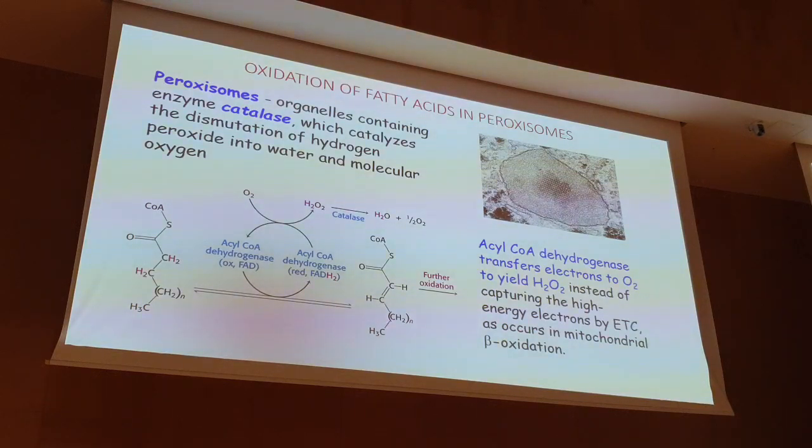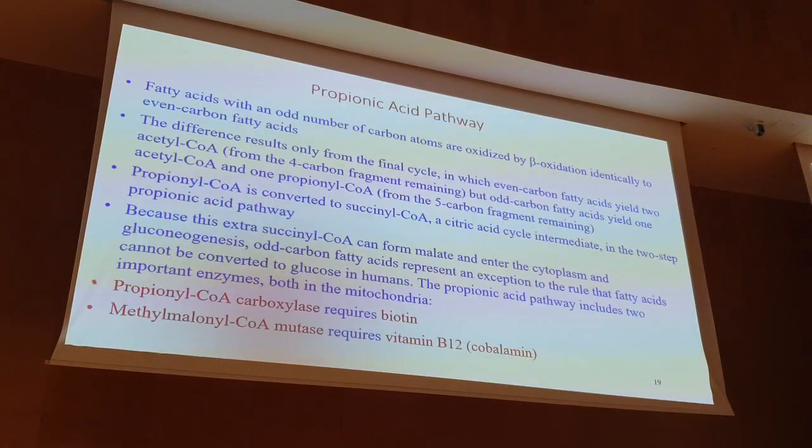Now, up to now, it has been rather neat in terms of numbers. But are there any odd number fatty acid chains? Yes, there are. So if you think about this, let's say you had a 17 carbon fatty acid chain.